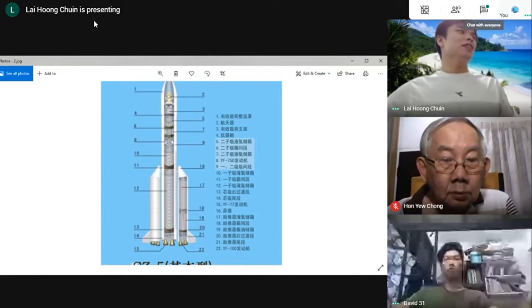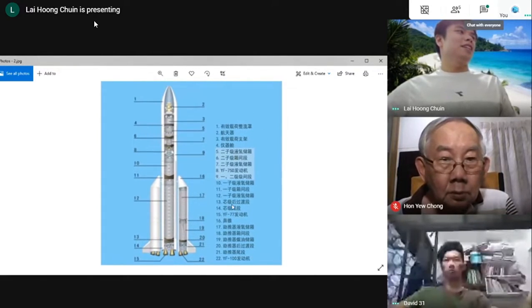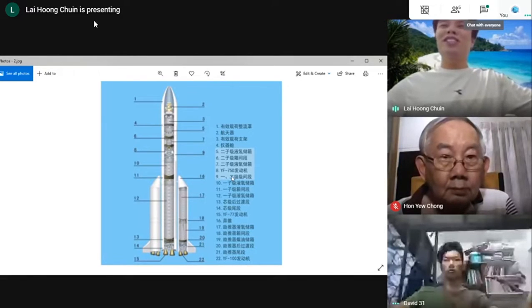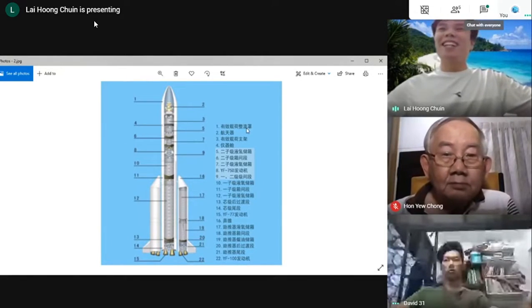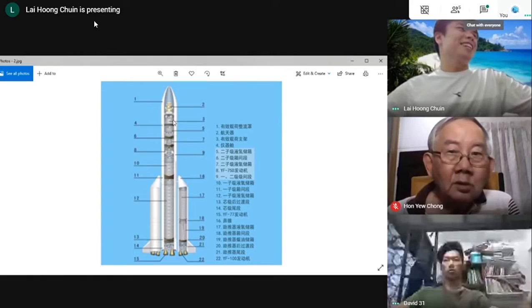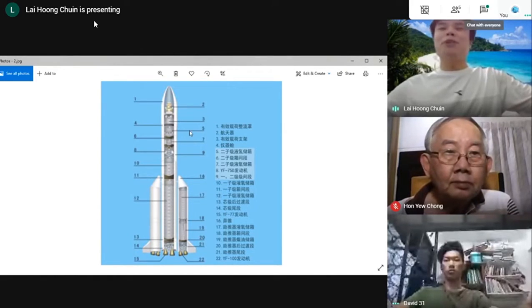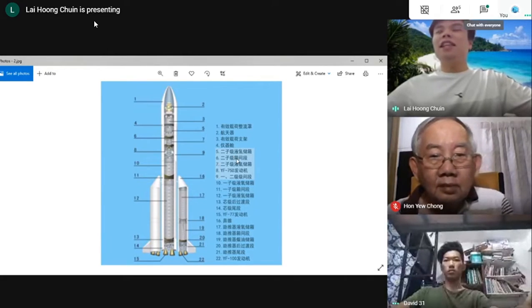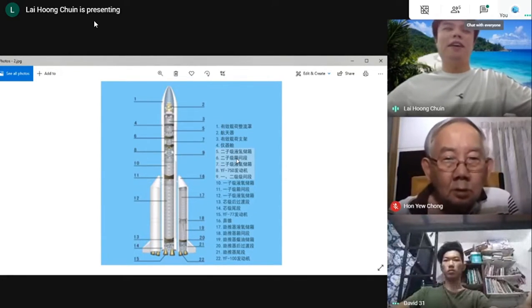We are very environmentally conscious this time. So we have a clean rocket, and the byproduct is water. Also this is a very powerful rocket, the largest rocket China currently has.